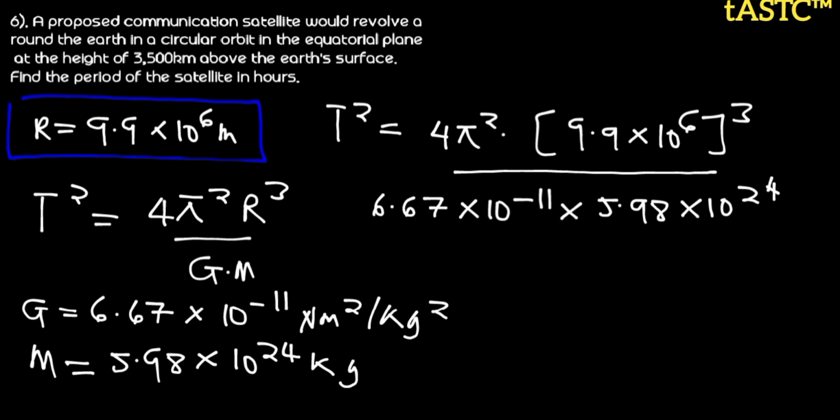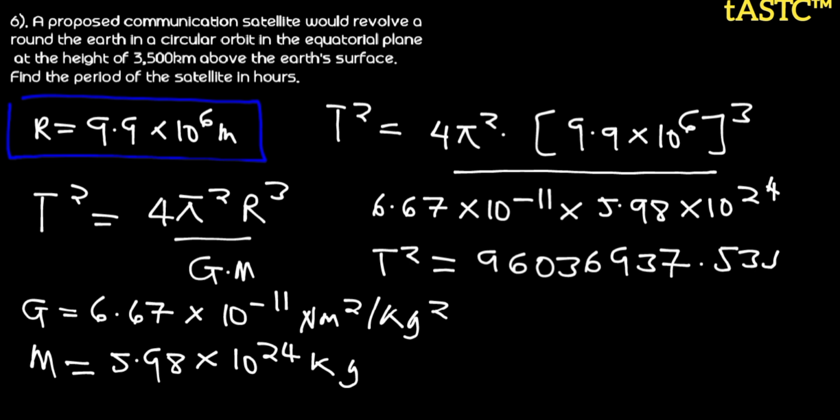So that gives us a number that is pretty long. This is T squared. T squared is 96,036,937.53. Now this is obviously in seconds, so I'm just going to write that there.